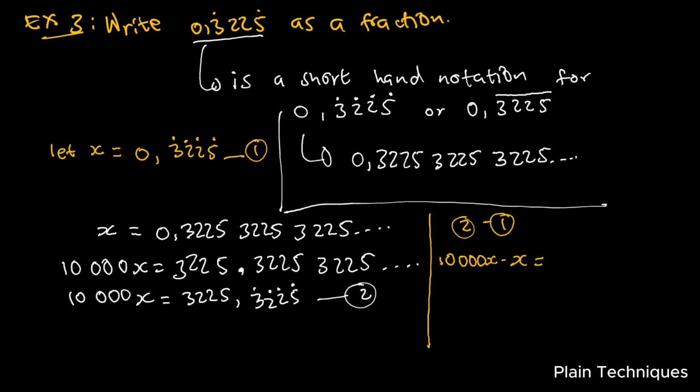For equation 2 on the right-hand side, I have 3225 comma 3225 with the dots, minus whatever I have on this side, which is 0 comma 3225 with the dot.